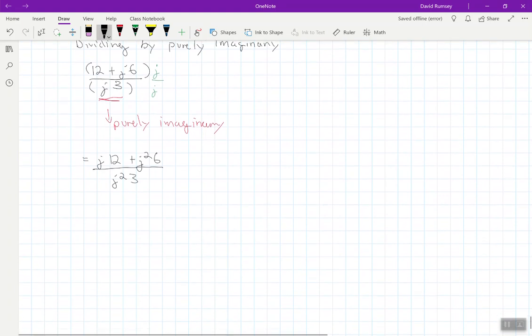Now, remembering our negatives, we get j12 minus 6 over negative 3.